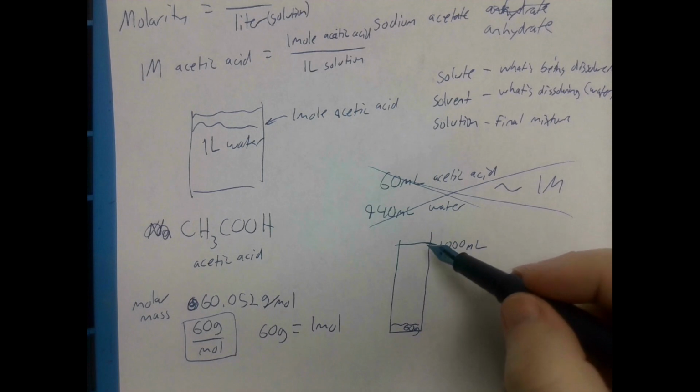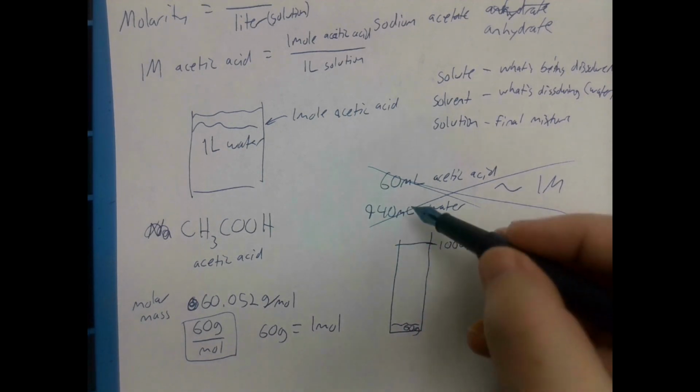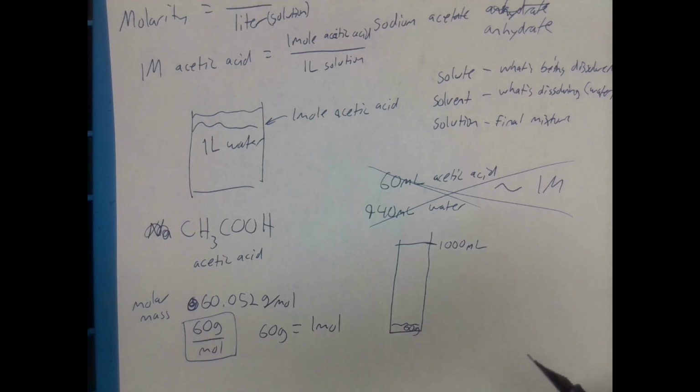Yeah, we don't know if we're filling it up with 900 because this is in grams and this is in milliliters. Looking up, so doing it your way, if we made that error, acetic acid density is 1.05. So 60 grams divided by 1.05.